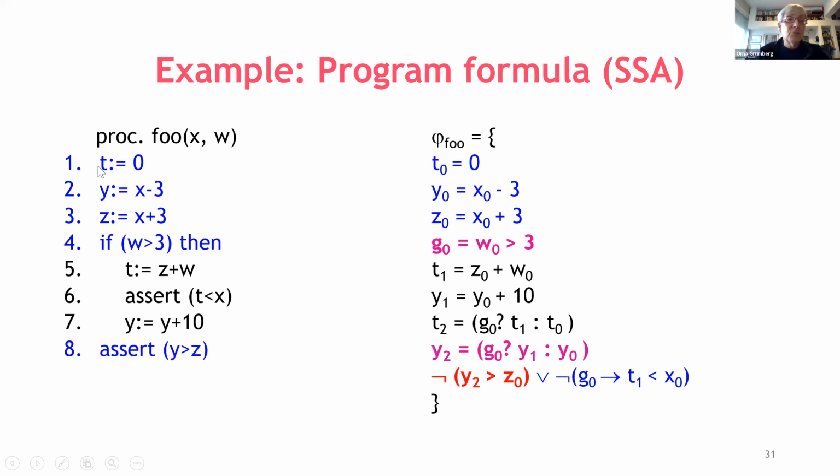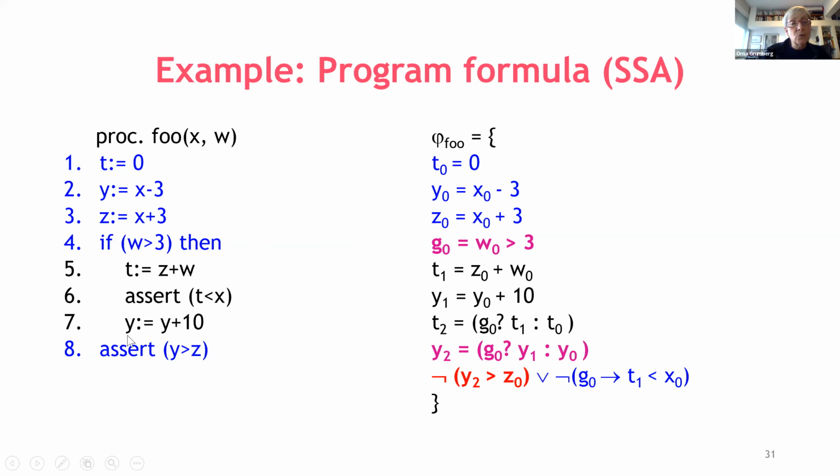So for instance, if we have two assignments to T, one in line 1 and the other one in line 5, then the first one will be indexed 0, and the second one will be indexed 1. And also another thing that we do is to replace every condition by a Boolean variable.